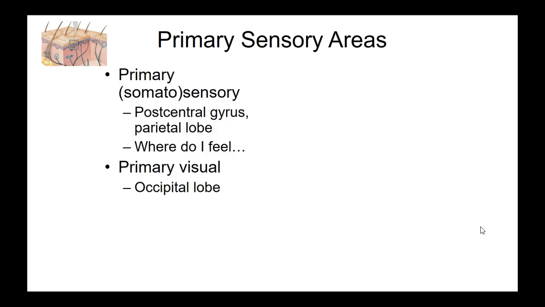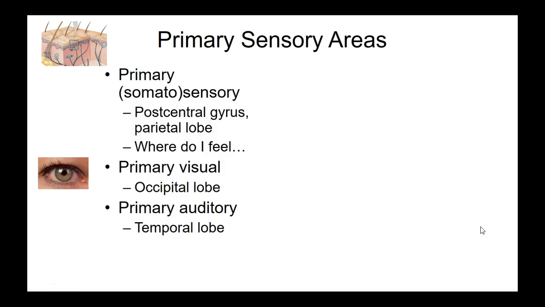Not surprisingly, we also have a destination for visual input. So we have a place called the primary visual cortex. That's located on the occipital lobe. We also have a destination for where auditory information is coming in, and that's going to be located in the temporal lobe.